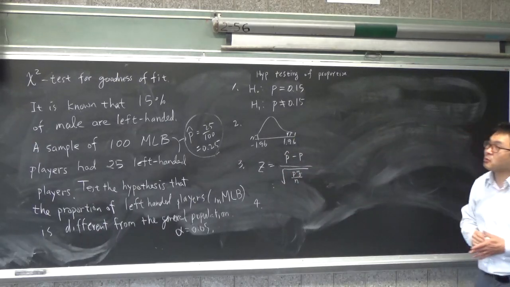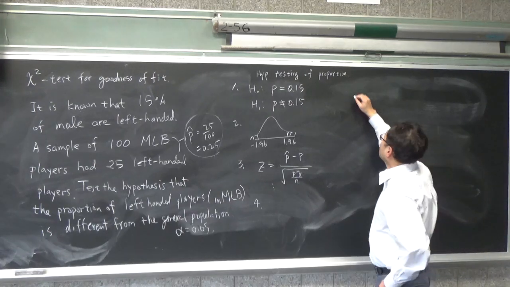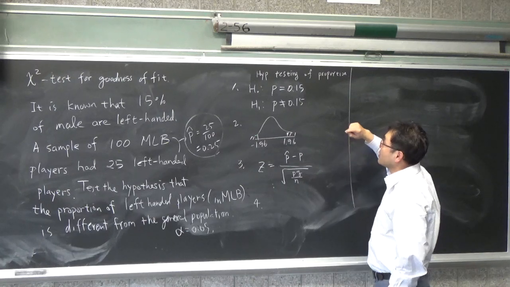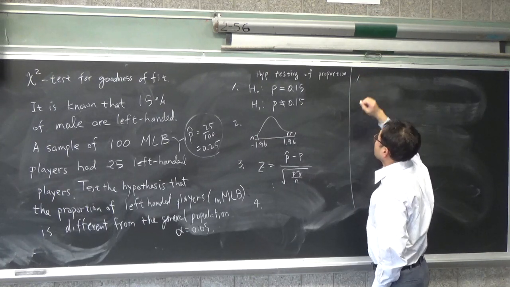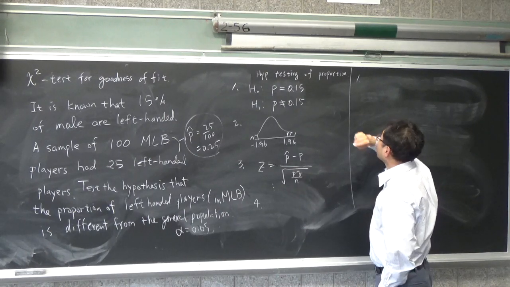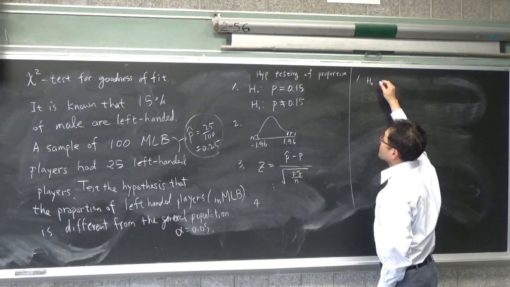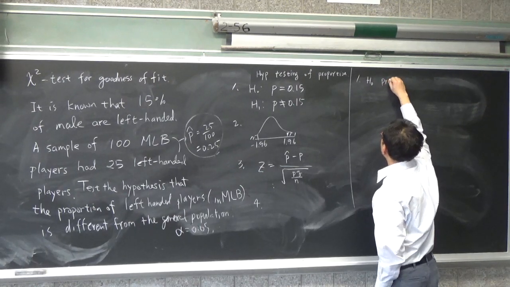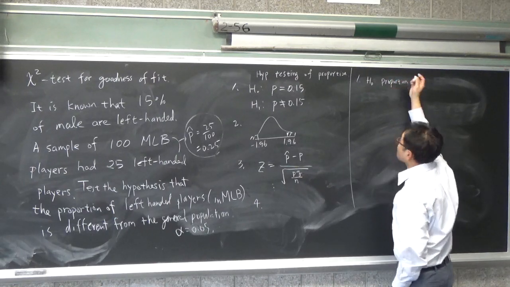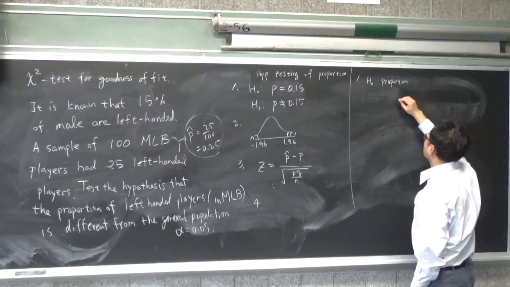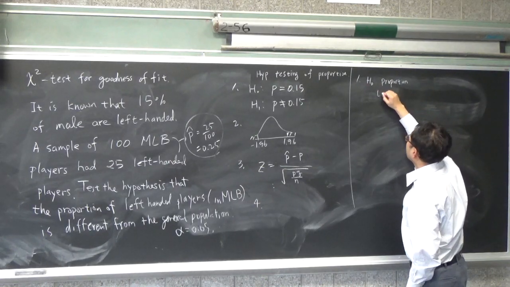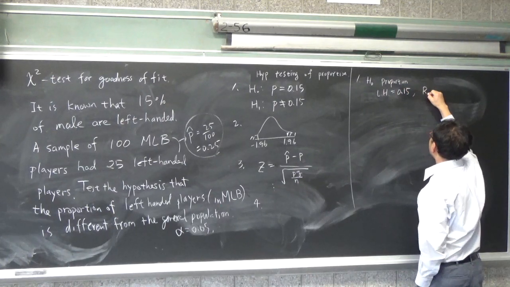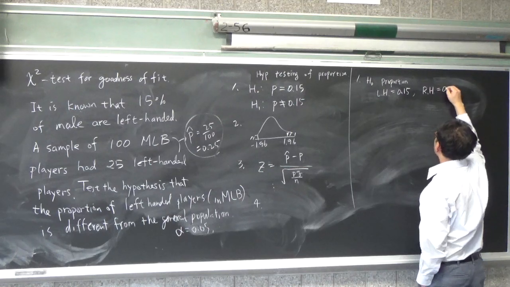All right, so now let me explain what chi-square test for goodness of fit is. For the goodness of fit, what you do is, again, your hypothesis is that your proportion is according to what's expected. So you will have left-handed as 0.15 of the population, and right-handed would be 0.85.